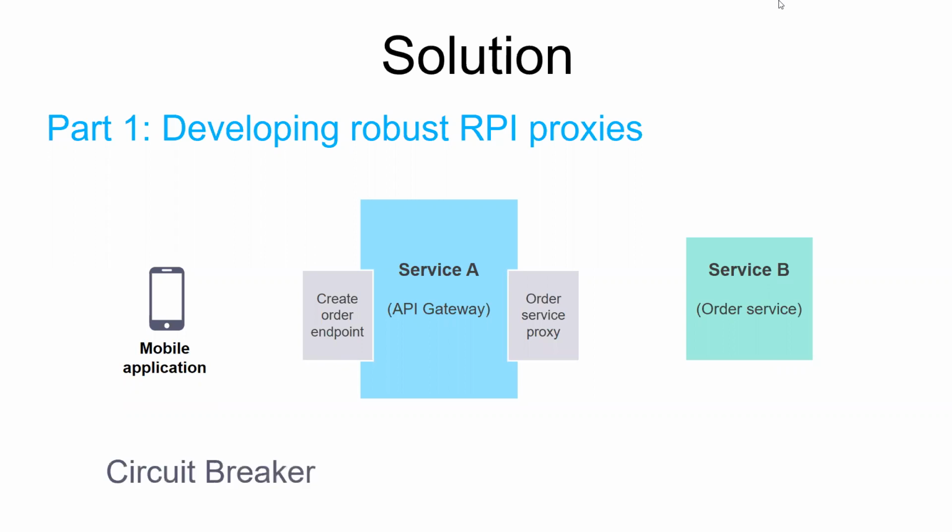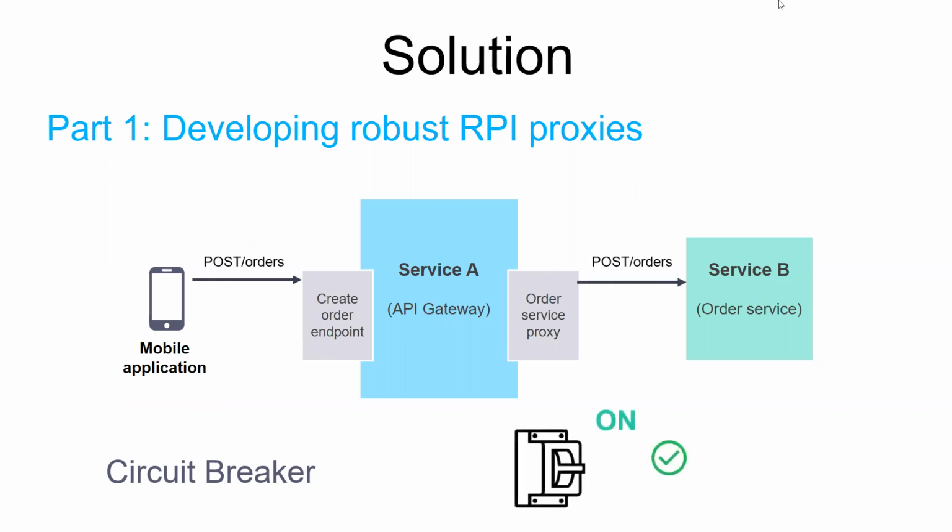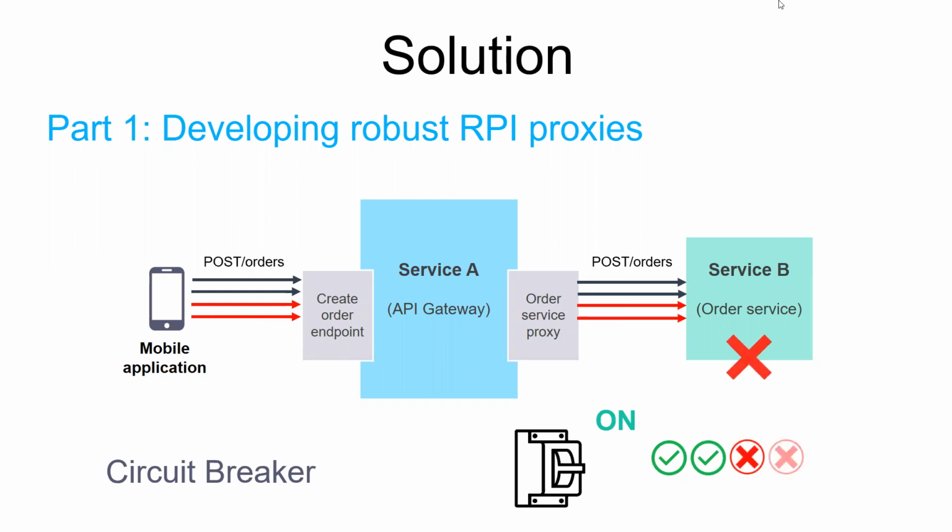Concerning the circuit breaker mechanism, let's consider this simplified scenario to understand how it works. Let's say a client sends a first request, which works well. The second one works too. Meanwhile, our circuit breaker is in the on state. Suppose now that the order service becomes unresponsive, then the following 3 requests will not be served by the application.